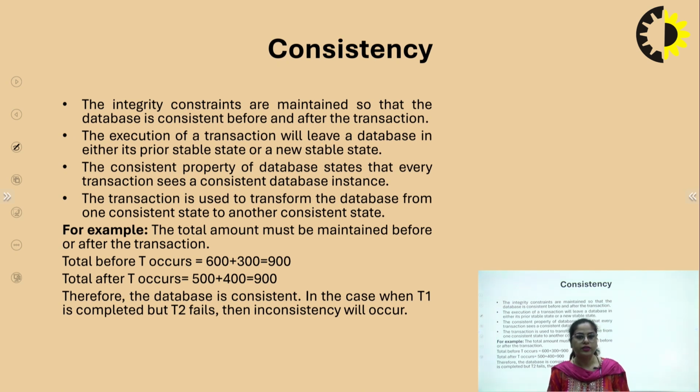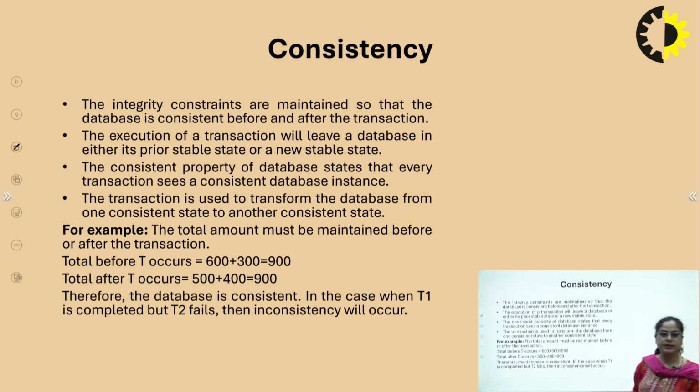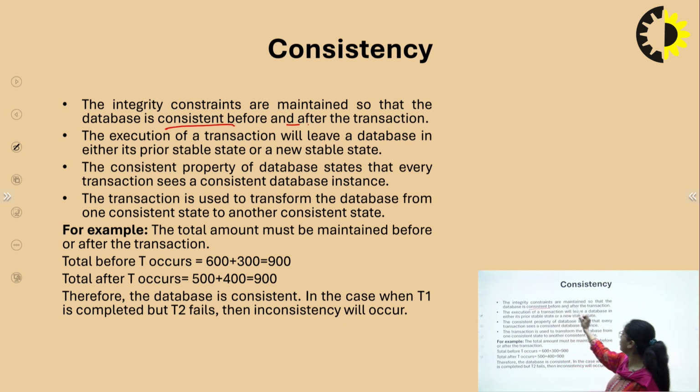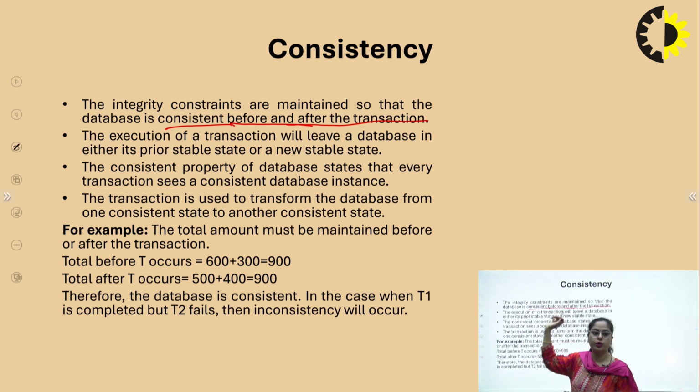The value of the data should be consistent. The integrity constraints are maintained so that the database is consistent before and after the transactions. The value of the data should remain the same.